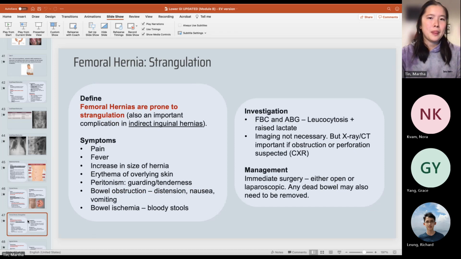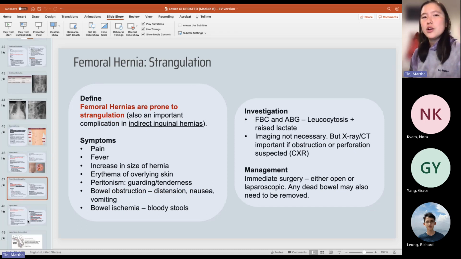Cool. So like I said earlier, strangulation is far more likely to happen in a femoral hernia, and you need to recognize the signs of strangulation. There are obvious ones like pain, fever, increase in the size, and if it's strangulated, it's going to be irreducible.